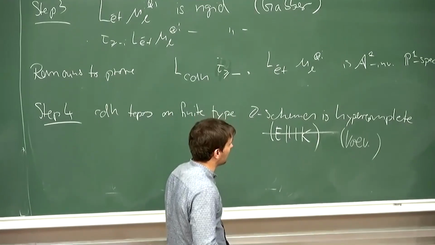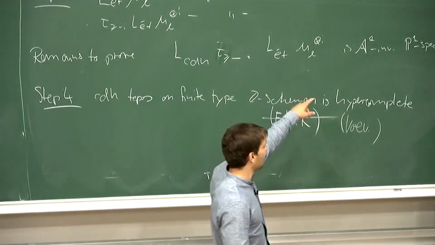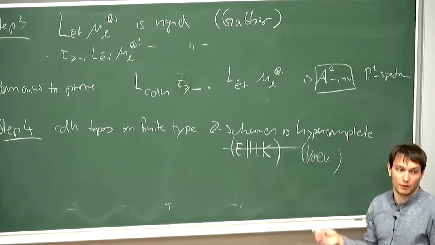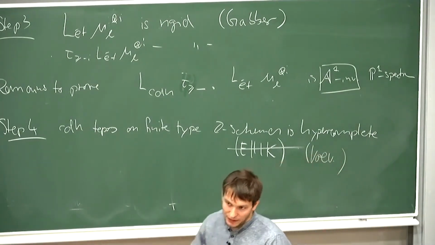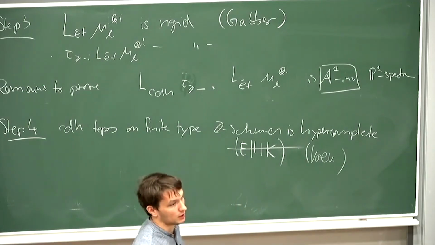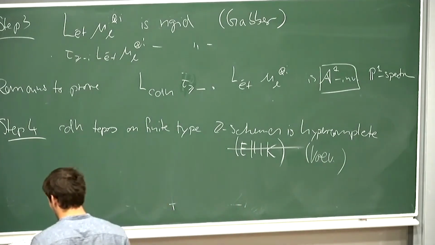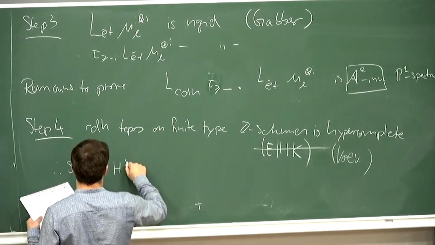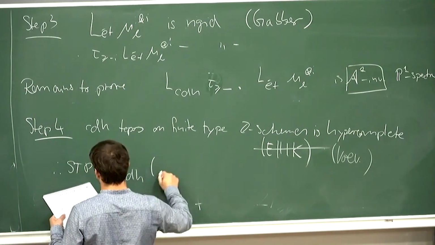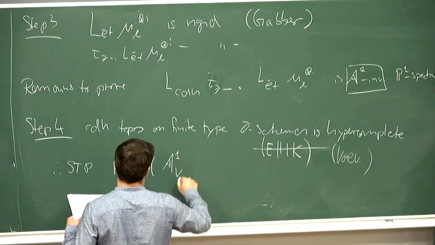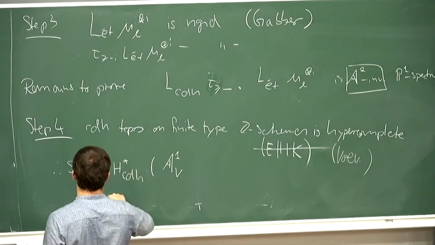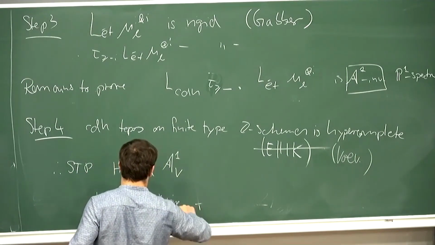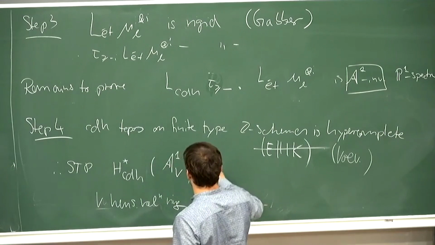But so what this means is that, again, I want to check something, and so maybe I will focus on this, and there will be some analogous argument for P1, right? So I want to check something, it's A1 invariant, and so I can check this on stalks now, because I'm hypercomplete. So it therefore suffices to prove that H star, the cdh motivic cohomology of A1 over V, where V is the stalk, so V is the Henselian valuation ring, with coefficients in this.